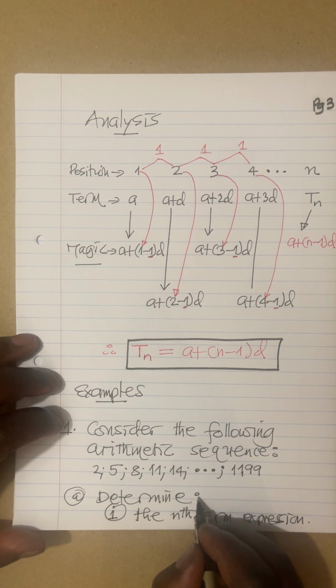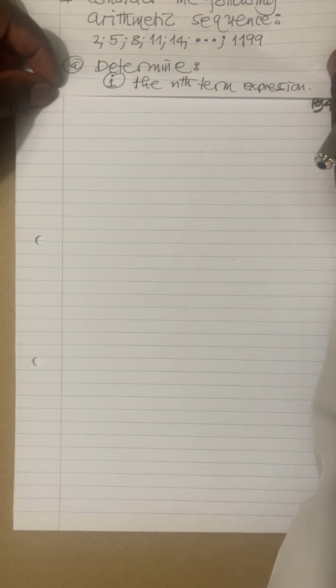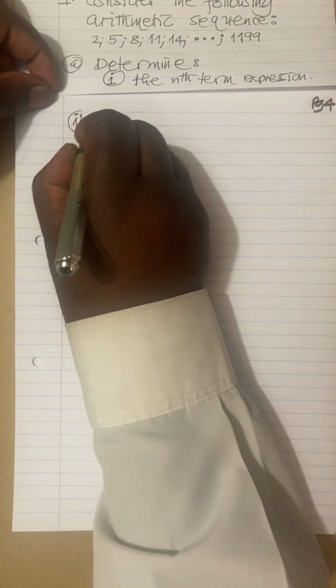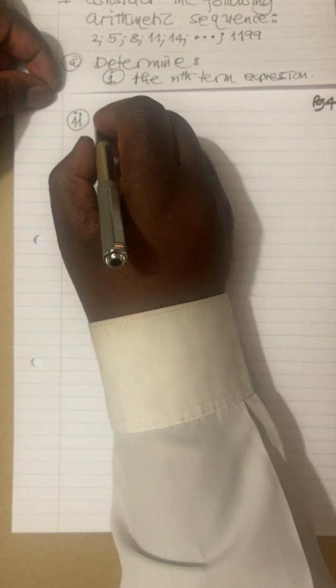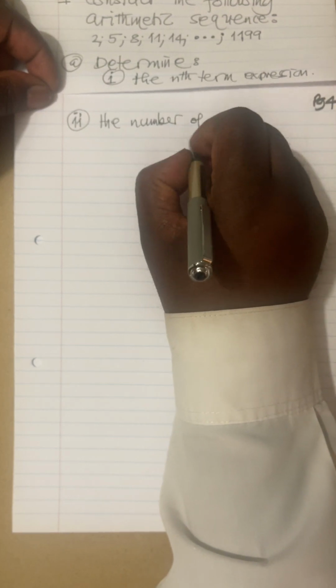Sometimes some books will say nth term formula. Right, let's look at number 2. We're on page 4 now. Number 2, what are we supposed to determine? Well, the number of terms.